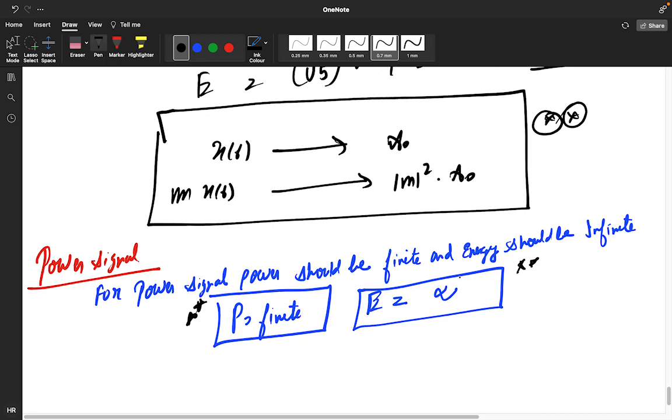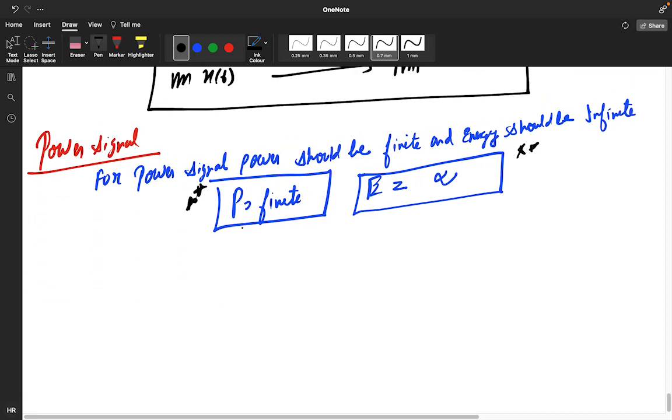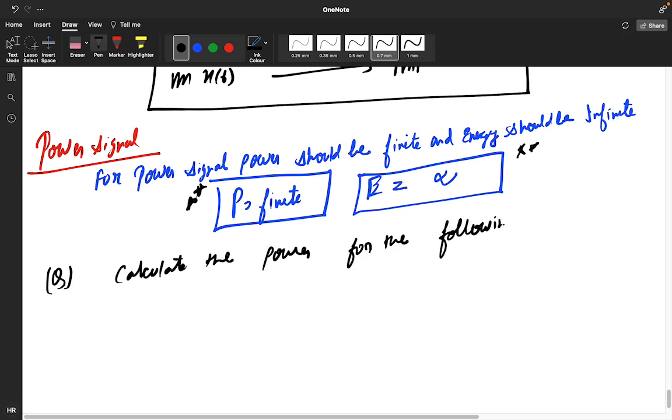Okay, so there is a calculation. Directly calculate the power for the following signal.